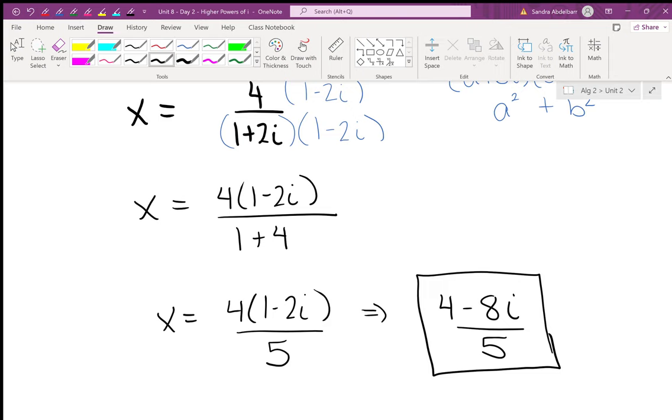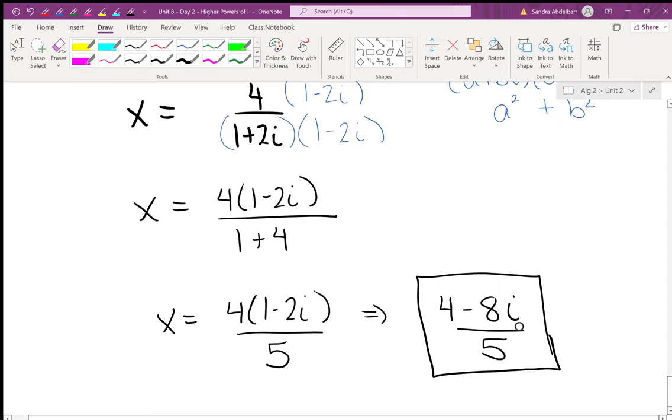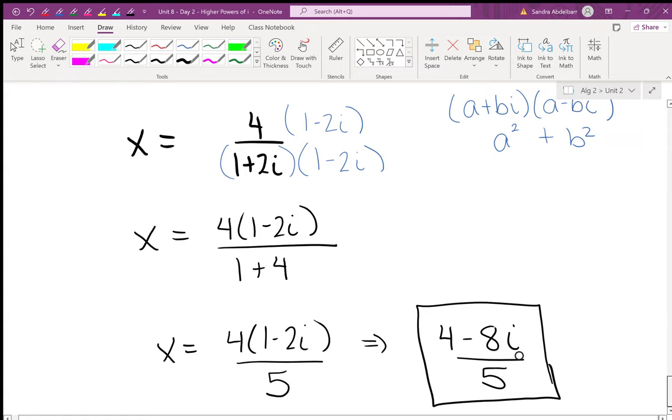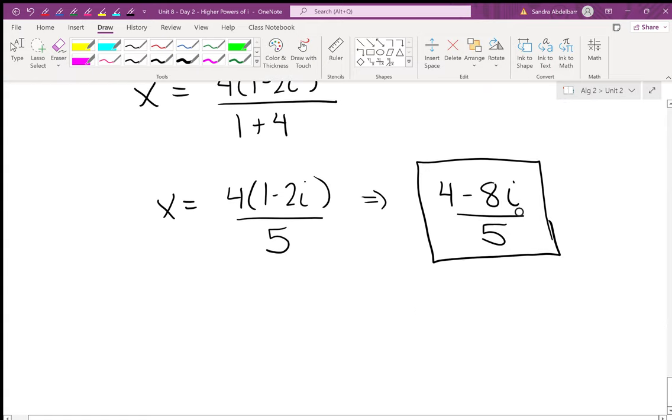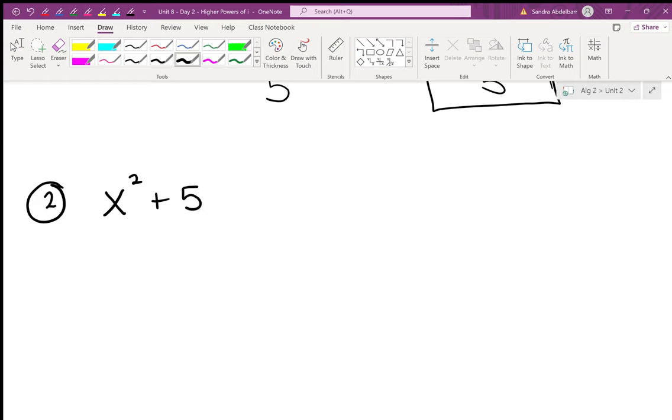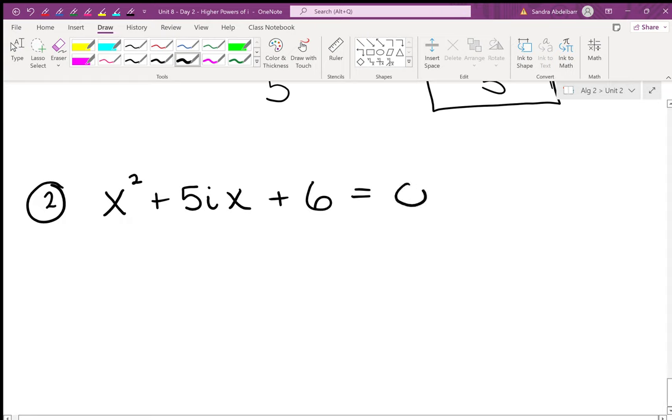All right, next one. Again, we're still solving for x. Is this something that can be factored or attempt to factor?